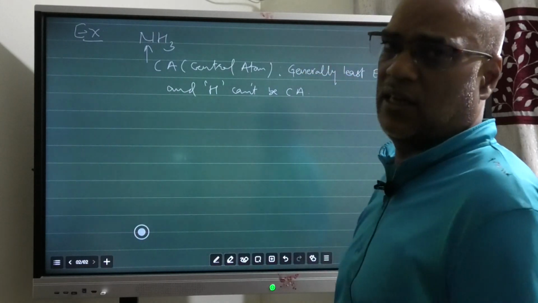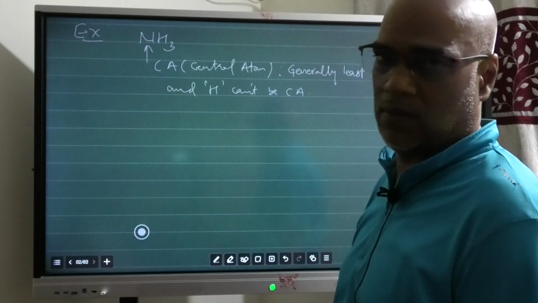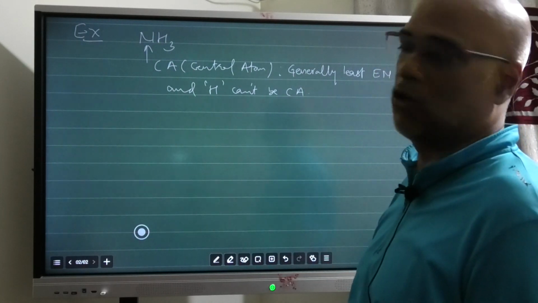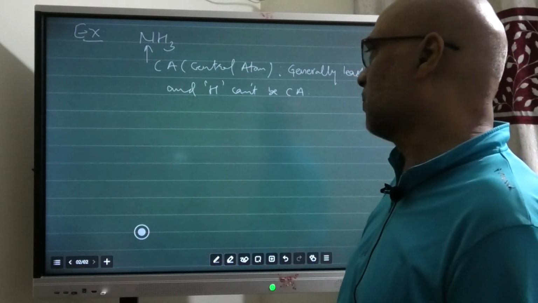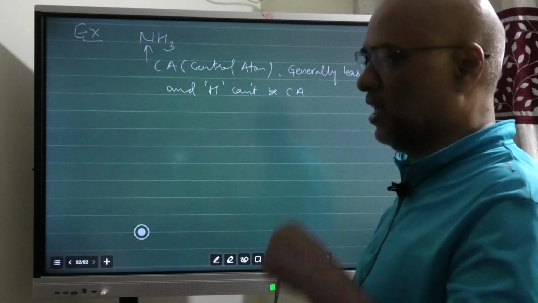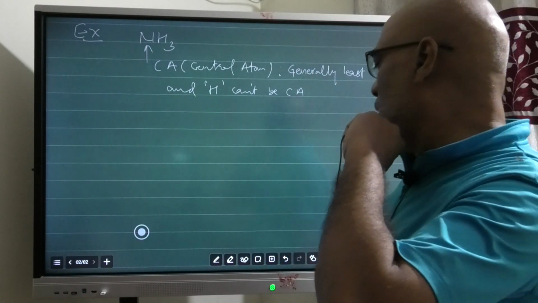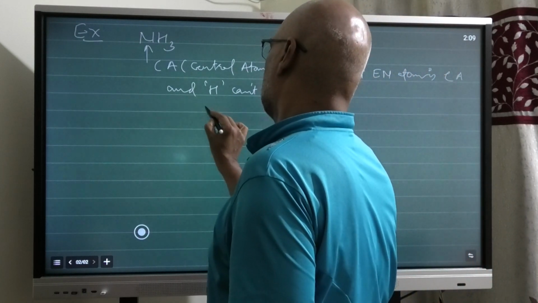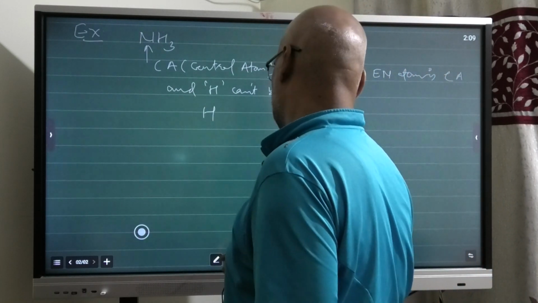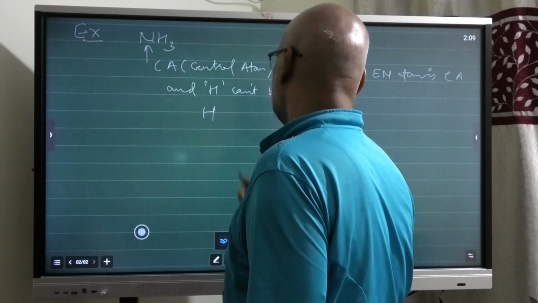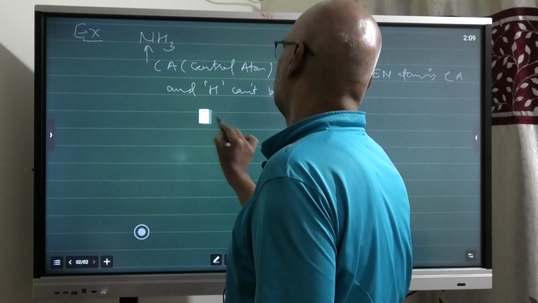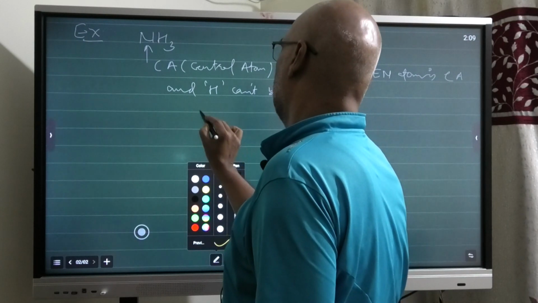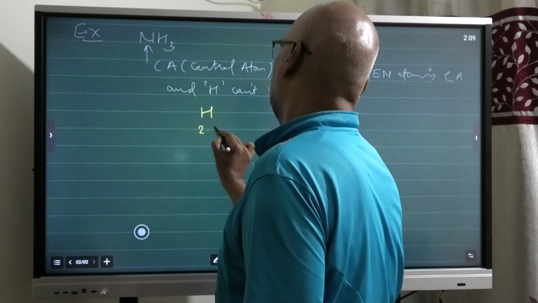We have done electronegativity in the periodic table, but I will recall certain values so that you can remember them. The first member is hydrogen, with a value of 2.1.